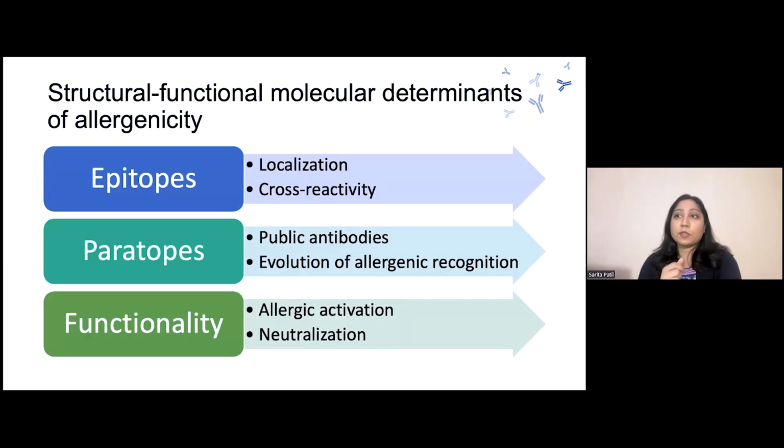Understanding the paratopes of antibodies helps us understand convergent evolution and how allergens are recognized in patients. And then finally, connecting these features of the epitope-paratope with their functionality, their ability to neutralize and to activate allergen effector cells, is really critical to connecting all the different aspects of what drives allergenicity in humans.